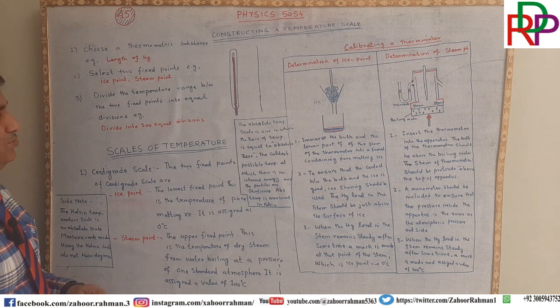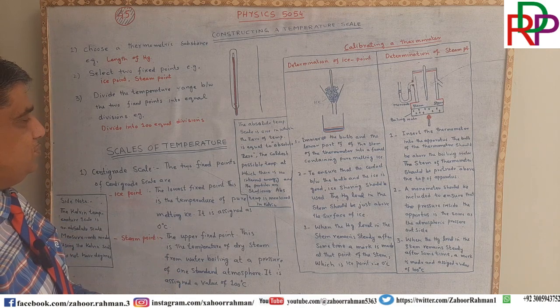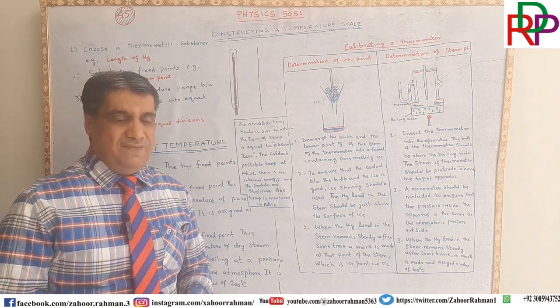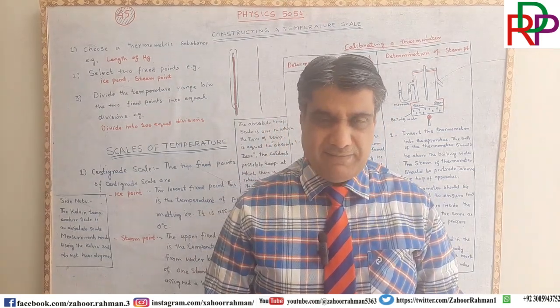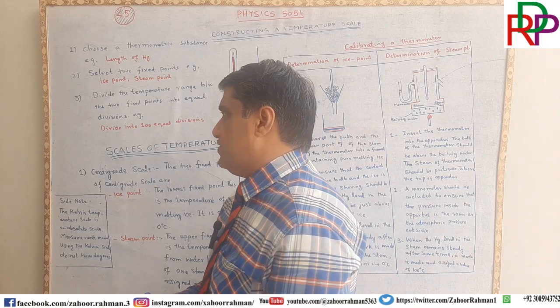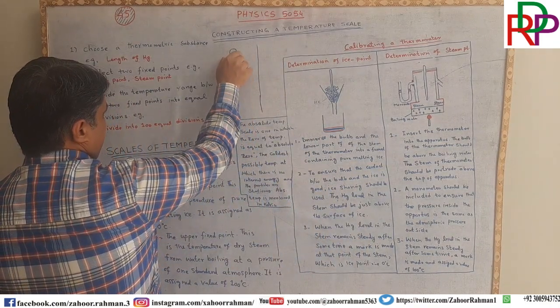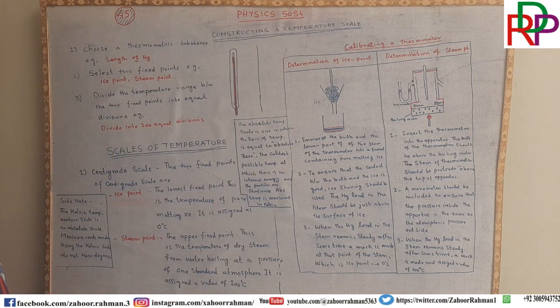So whenever you are calibrating a thermometer, how will you calibrate it? Today we are going to discuss that in greater detail, and that is the lower fixed point and upper fixed point, and how we will divide those lower and upper fixed points in the capillary tube.